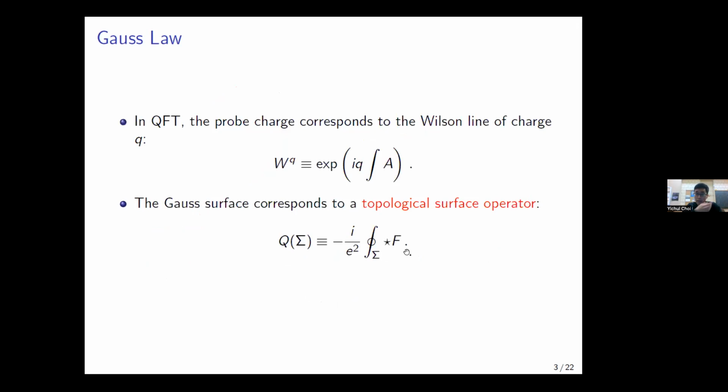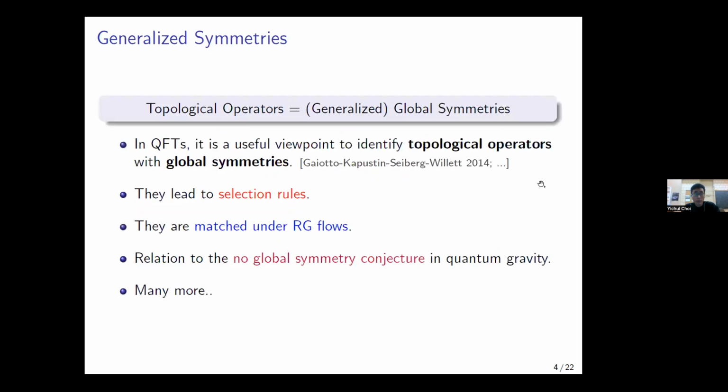So in quantum field theory, this electric particle is represented by the Wilson line. This is the world line of this probe particle. And this topological Gauss surface corresponds to the following topological surface operator, which I denote as Q of sigma. In QFTs, whenever you have such a topological operator in your theory, it is a useful viewpoint to identify such a topological operator with some global symmetry in your system.